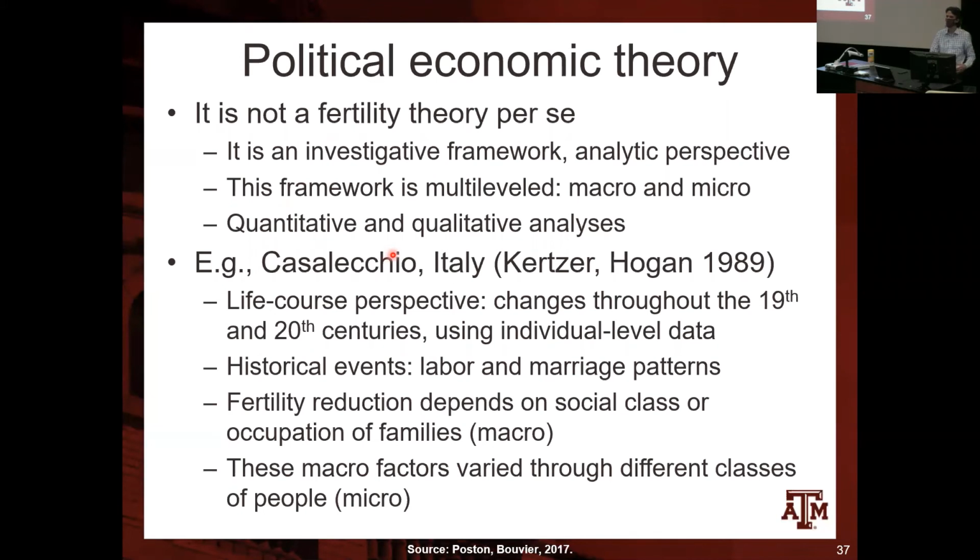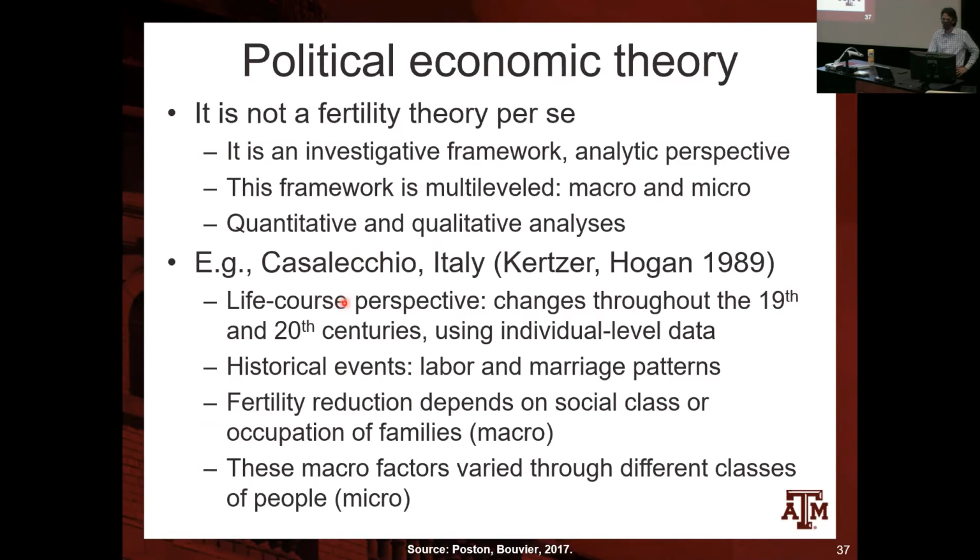And for that, we should also use different methodological approaches, more quantitative approaches, analyzing surveys, censuses, data at the aggregate level, but we should also try to collect information about specific groups, more in-depth interviews, and to better understand historical events of smaller communities.